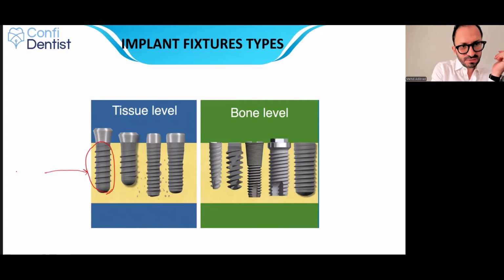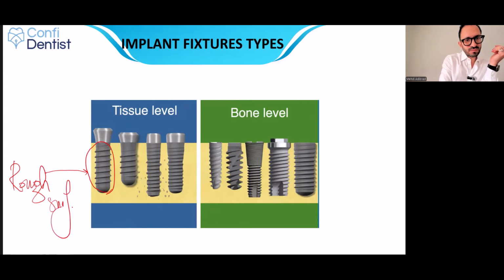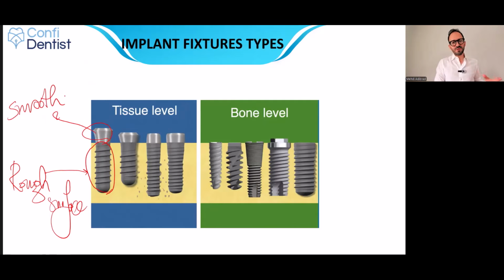So this one has a rough surface, and this part has a smooth surface. So this smooth surface must be placed above the alveolar crest. And the rough surface should be placed inside the alveolar bone. Okay? That is how this implant design was developed.